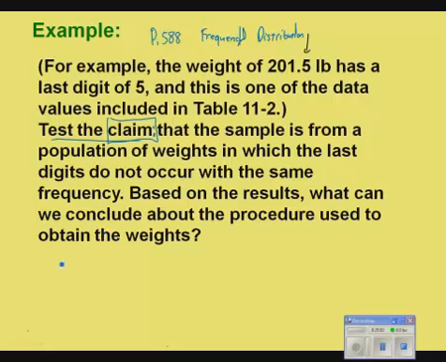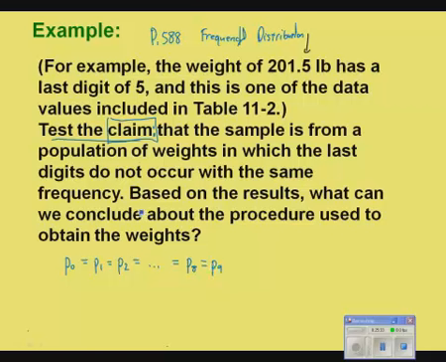Well, I think what your book is going to do is they're going to say, look, we can make proportions if you want, or probabilities if you want, that certain digits are what they are, right?